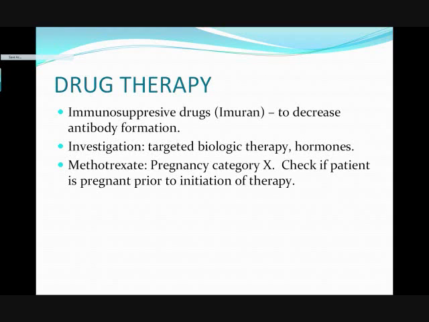It's pregnancy category X, which means the patient cannot be pregnant or plan on getting pregnant very soon if they are taking methotrexate. It's very, very damaging to the fetus. It's very important that the physician does a blood test or urine test to check if they're pregnant prior to the initiation of methotrexate therapy.